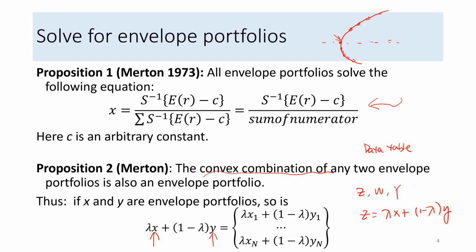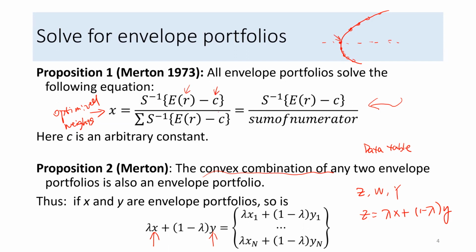So going back to proposition 1, this gives us a solution. This x, solved by the formula here, is the optimized weight. We'll have a numerator of S inverse times the average return for the asset minus some given constant.